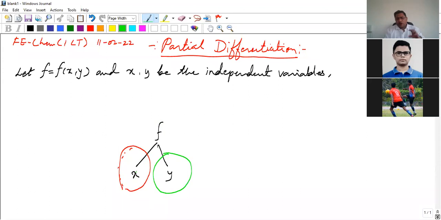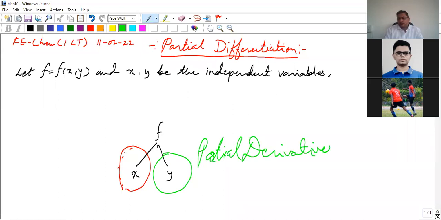If I am finding the derivative with respect to y, then I am again finding a derivative of a part. And that's why these are called partial derivatives. Here we are considering a part only, not the entire function.